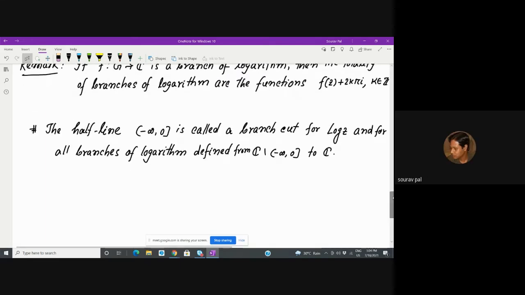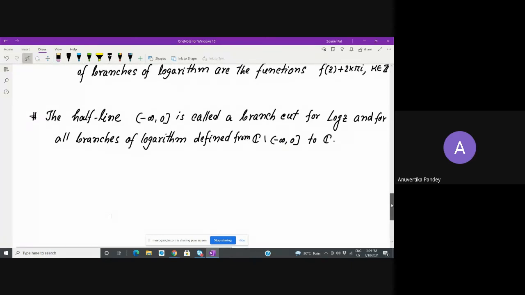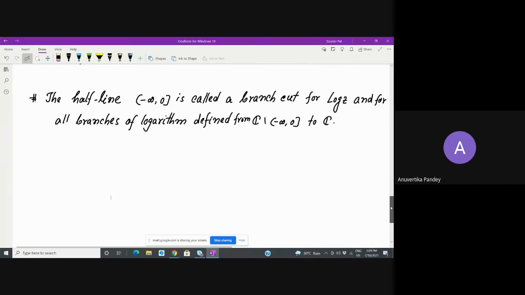Sir, if we consider points, suppose z and z plus 2k pi I, these two are different points. Suppose I have one point z naught, and z naught plus 2k pi I. Are they different?